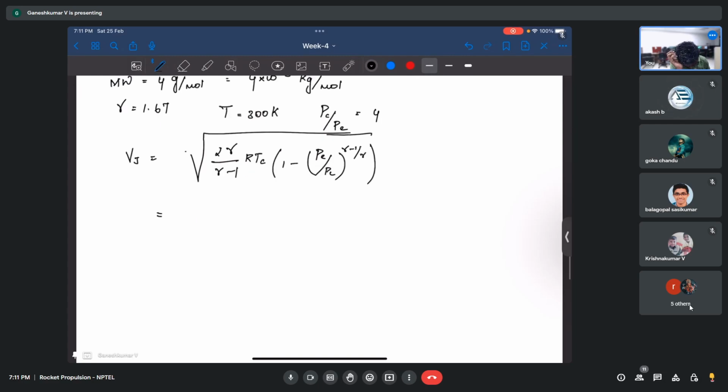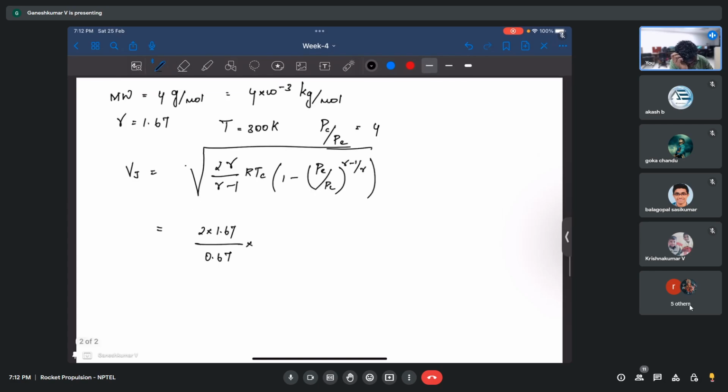Yes, sir. So if we substitute 1.67 divided by, this R is going to be R naught by molecular weight, right? Yes, sir. This is 8.314 joule per mole Kelvin, and the molecular weight is going to be 4 into 10 power minus 3 kg per mole.